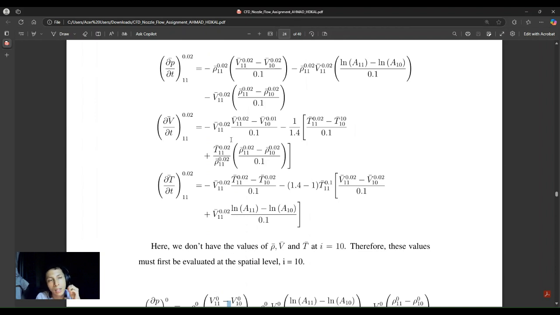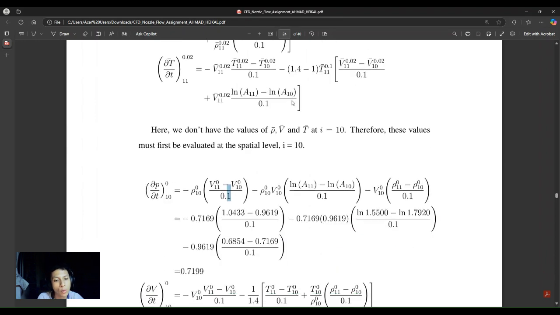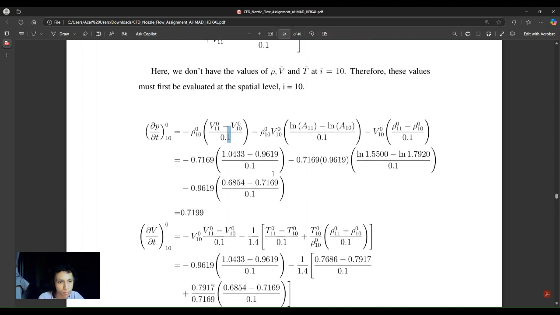So as you notice in the correct steps, we don't have the value of v bar, rho bar, and t bar at i equals 10. So we will have to calculate this value at the special value i equals 10.